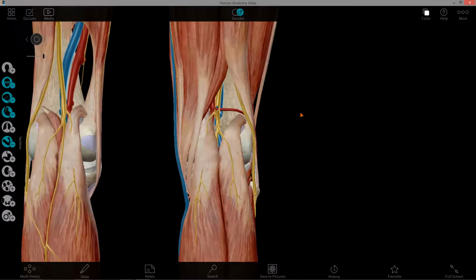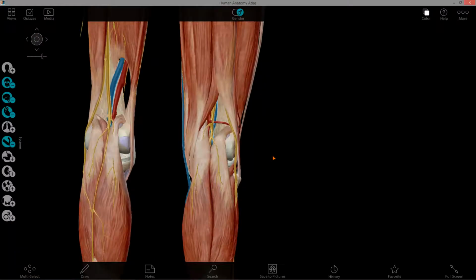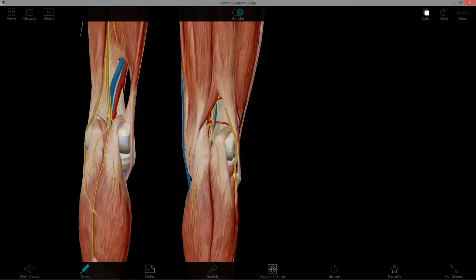So the boundaries of the popliteal fossa. The upper lateral boundary, so this is lateral, medial, we're on a posterior view, is the semitendinosus muscle right here. The upper medial, the biceps femoris right here. This upper medial boundary is the semimembranosus and tendinosus muscles.